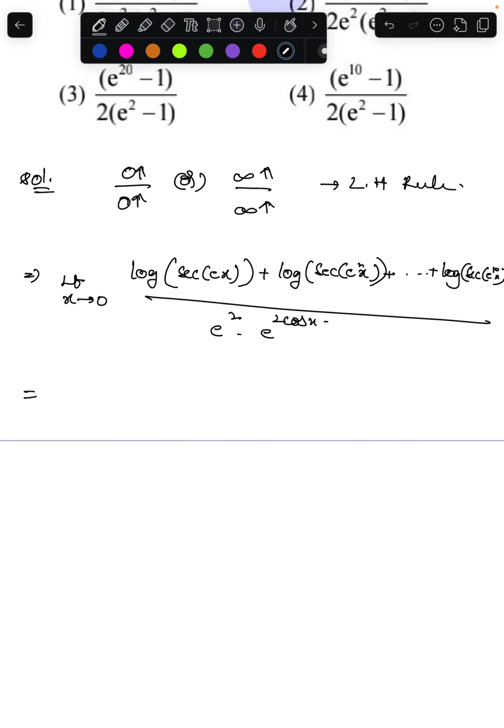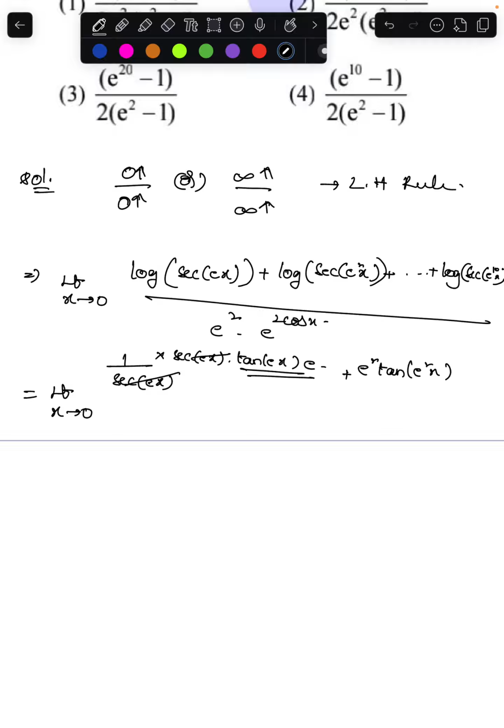So you can use numerator differentiation by denominator differentiation. 1 by secant ex into secant ex into tan ex. If you differentiate the first term, you clearly get e into tan ex. Similarly, you will have e square into tan of e square x.